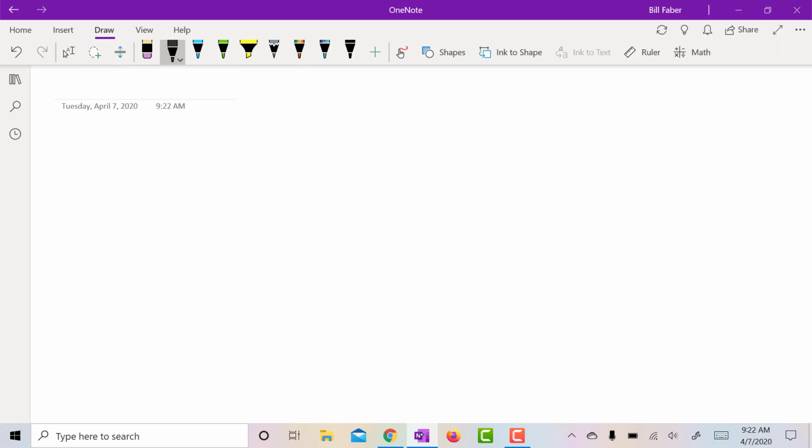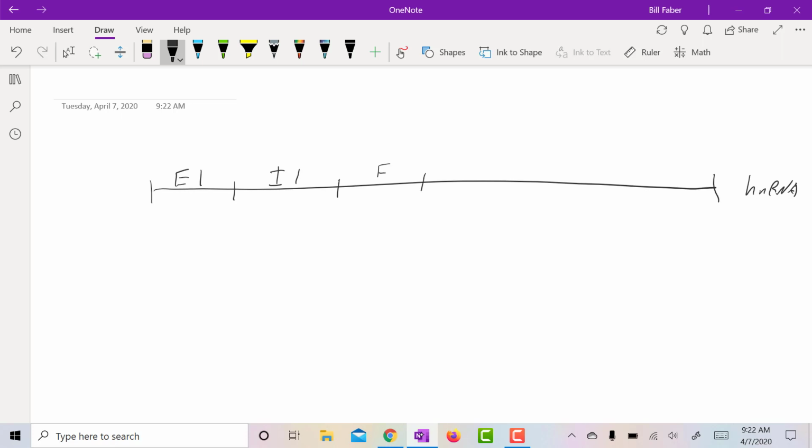Basically what happens is you have this piece of hnRNA, and let's say it's cut up into, and I'm going to put E1, I1, E2, I2, E3, I3. And the E's, they stand for exons.